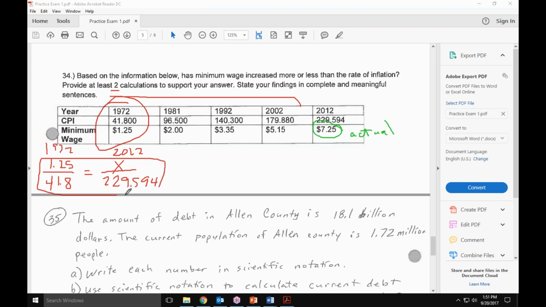So this red X is what it should be. Go ahead and solve that proportion for what our minimum wage should be in 2012.